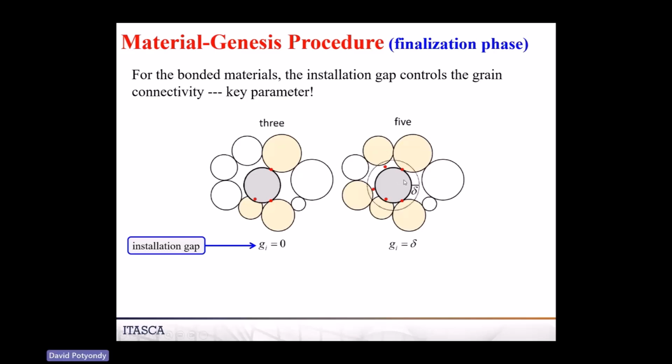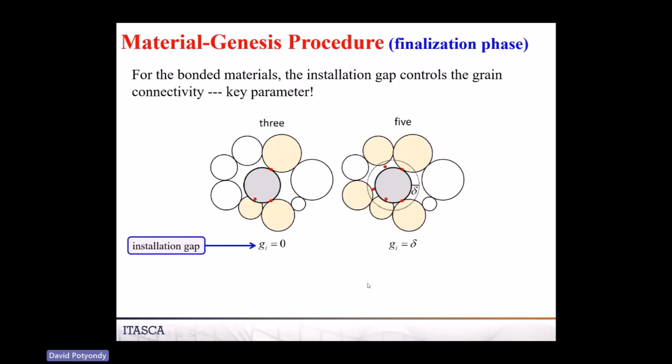It's going to make sure that you have contacts existing between this ball and everybody else that's within this delta distance. So notice if delta is 0, you're only going to have contacts where they're touching. But if delta is non-zero, notice there's an additional 2 contacts here because they weren't touching. This is where you're putting bonds.